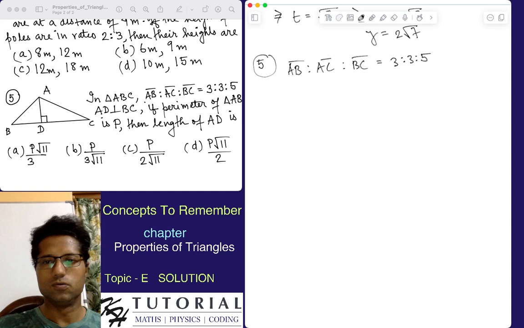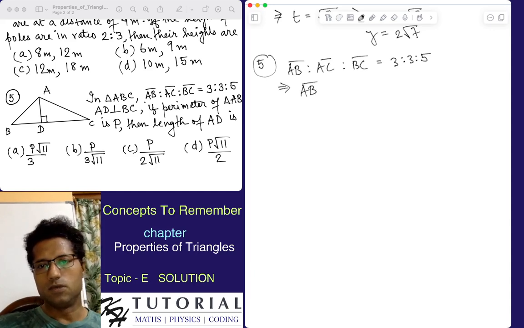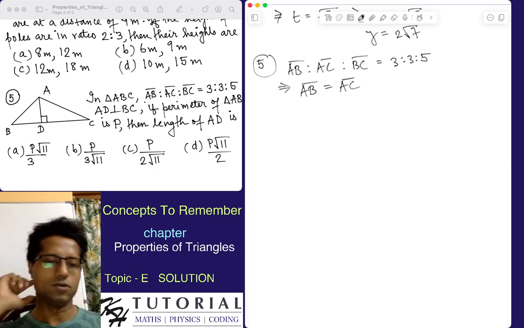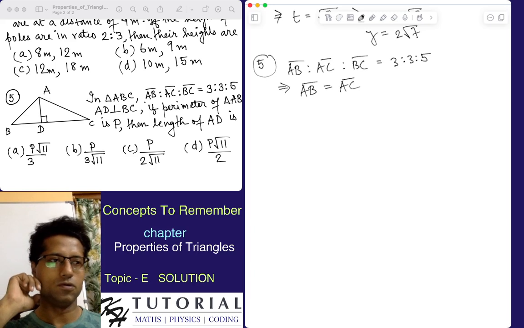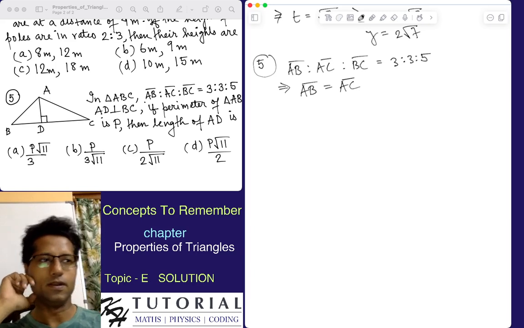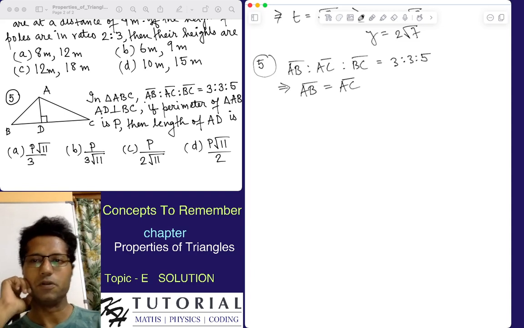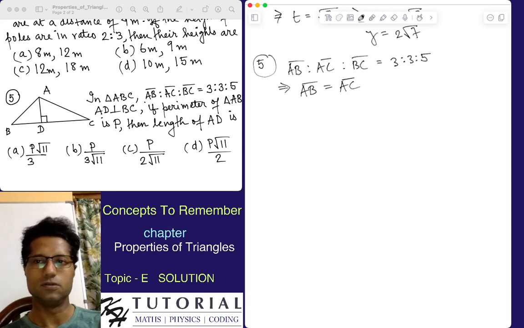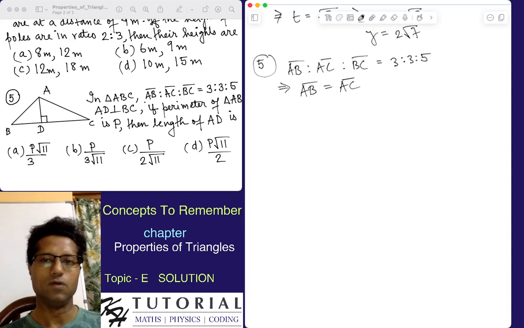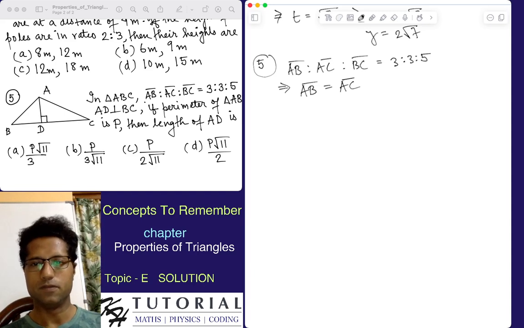This will imply that AB is equal to AC. So if a ratio of 3 or more terms is given and two terms are same, that will mean that the corresponding quantities will also be same. So the actual values of AB and AC will be same.